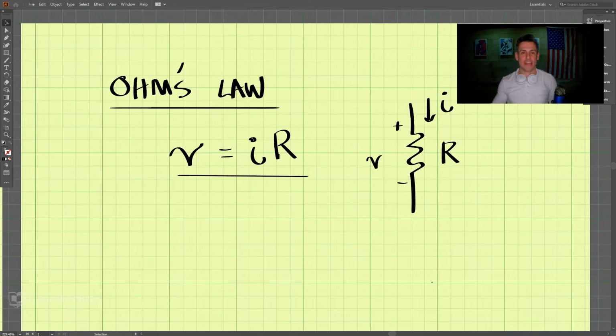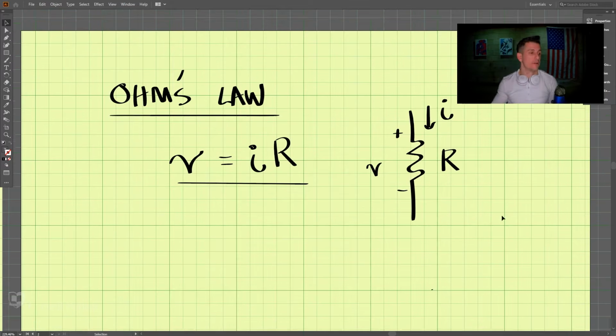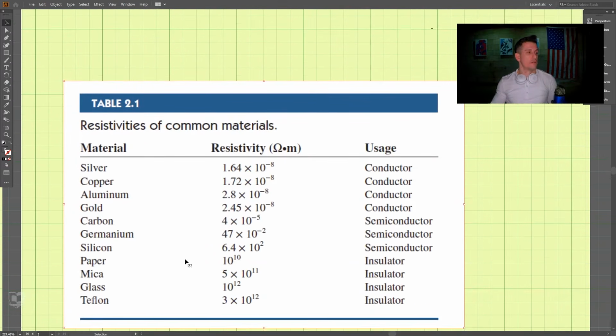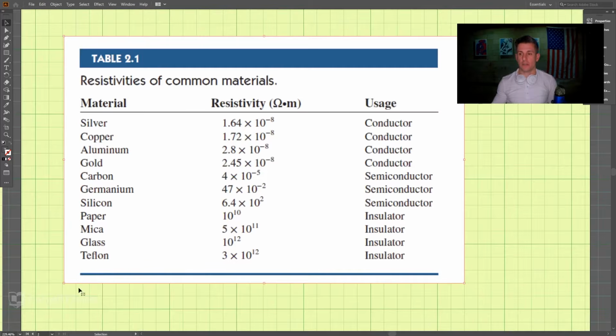Okay, so now let's take a look at different resistances of different materials. On the left here, we have different materials, and then we have their resistance.